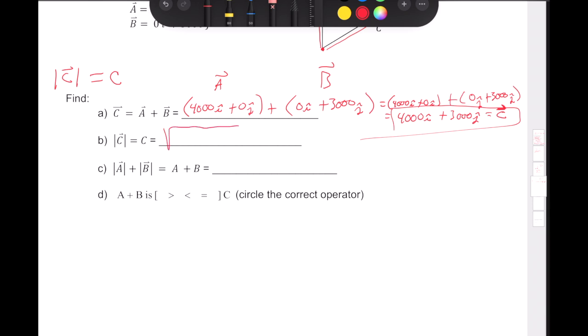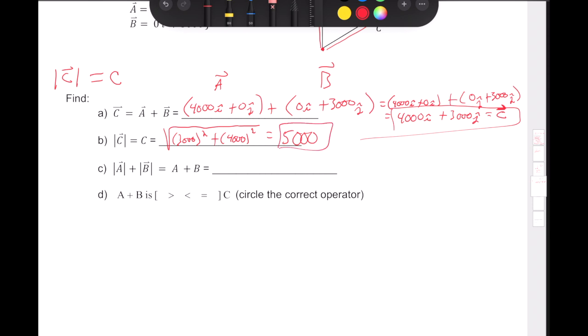Okay, so we're going to do what we did before. Take 3,000 squared and we'll add 4,000 squared. Nice. Some of you guys are ahead of me because this is a 3, 4, 5 triangle, so you can actually just go that direction, but this ends up being 5,000.